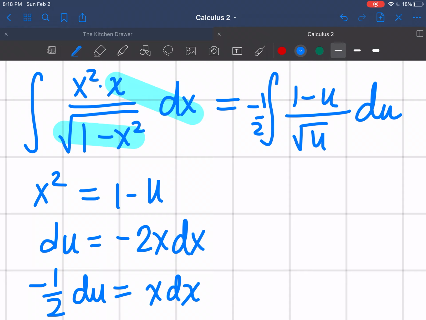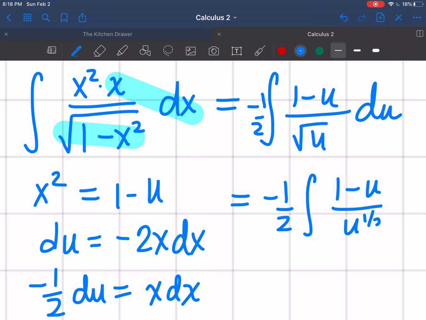All right. Now, this leads us to this integrand. And we can actually change everything into powers of u. And so I'm going to have 1 minus u over u to the 1/2. And you can distribute this u to the 1/2, so you have 1 over u to the 1/2, and you have u over u to the 1/2.